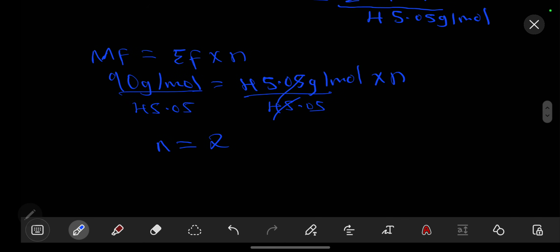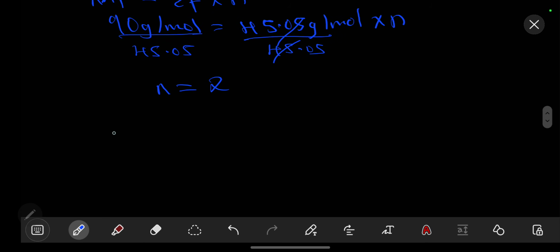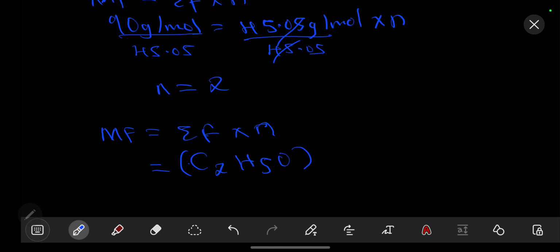So if n is equal to 2, what are we going to do? Remember the formula is that molecular formula is equal to the empirical formula times n. So we can just substitute. The empirical formula was equal to C2H5O. Then we multiply this by 2.